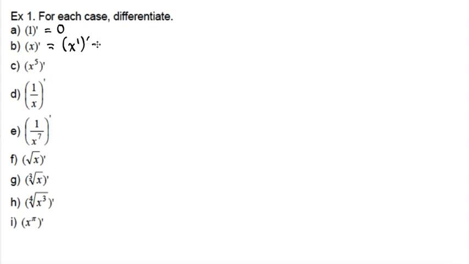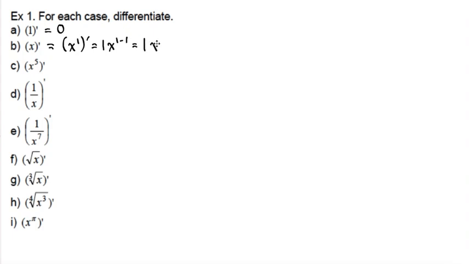And when we find the derivative of a polynomial function or a power function, we take the exponent and we multiply it out front, so 1. And then we take the base of the x and we subtract 1 from the exponent. So 1 minus 1. And we know that 1 minus 1 is 0.